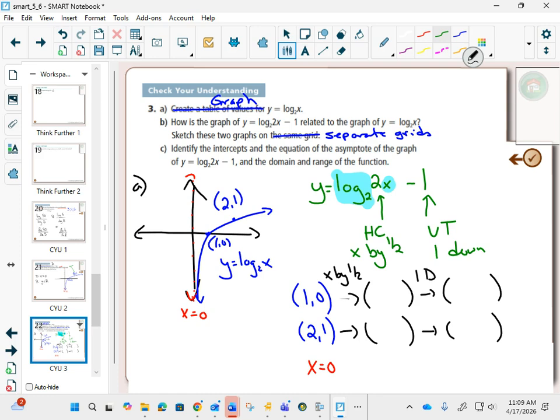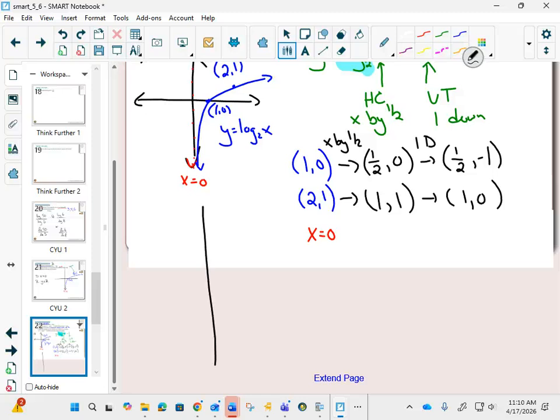So what happens when I multiply by 1/2? Well, this will be 1/2, and this will be 1, still comma 0, still comma 1. And when I move 1 down, this will be negative 1/2. Oops, sorry. 1 down will affect the y, so this will be negative 1 for your y and 1 comma 0.